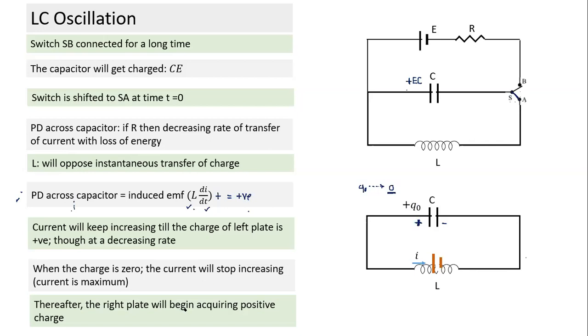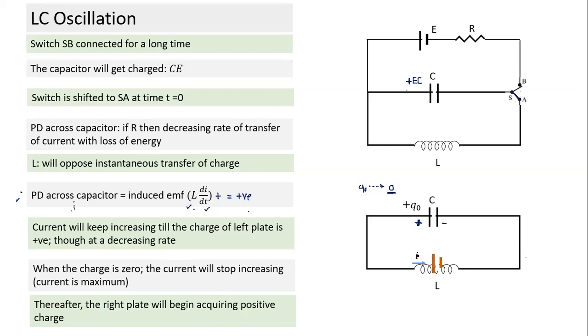What will happen thereafter? This charge has become 0, but there's already current. Can current suddenly drop to 0? No, current cannot suddenly drop to 0. Inductor doesn't allow sudden change in current. So I have come to a stage where the charge has become 0, but the current is flowing in this direction. Will the charge remain 0 if the current is flowing in this direction? It is equivalent to transferring the charge from this plate to this plate.